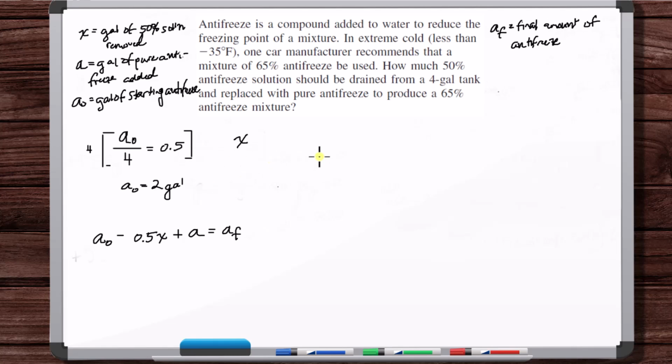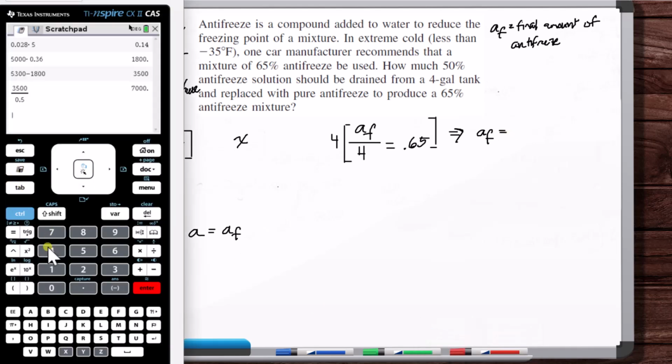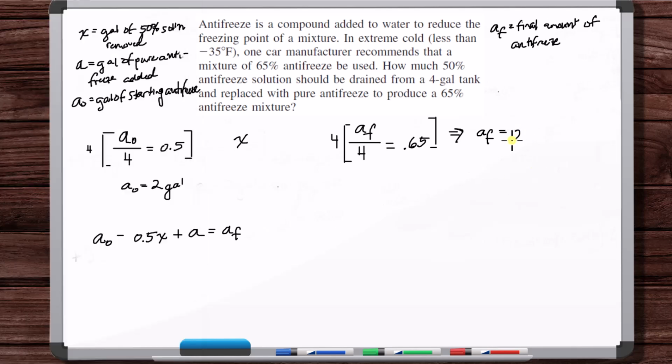But we know, what do we know? We know that AF divided by 4 is 0.65. So if we multiply both sides times 4, the entire equation, AF is equal to 4 times 0.65, 2.6 gallons of antifreeze.